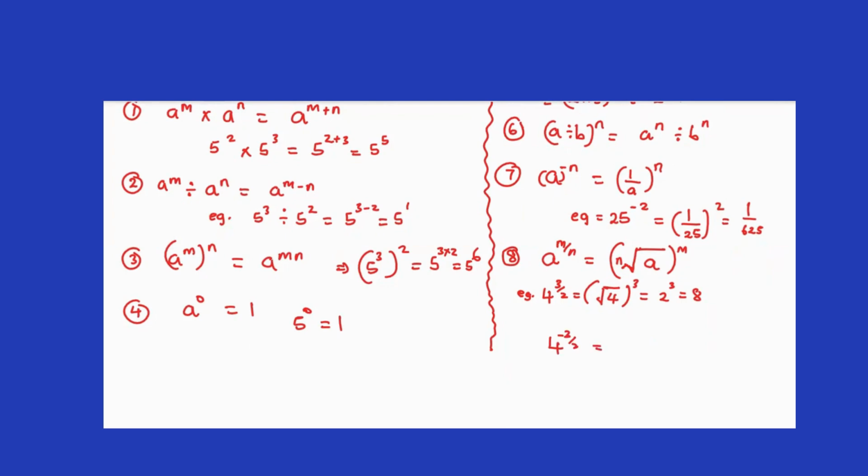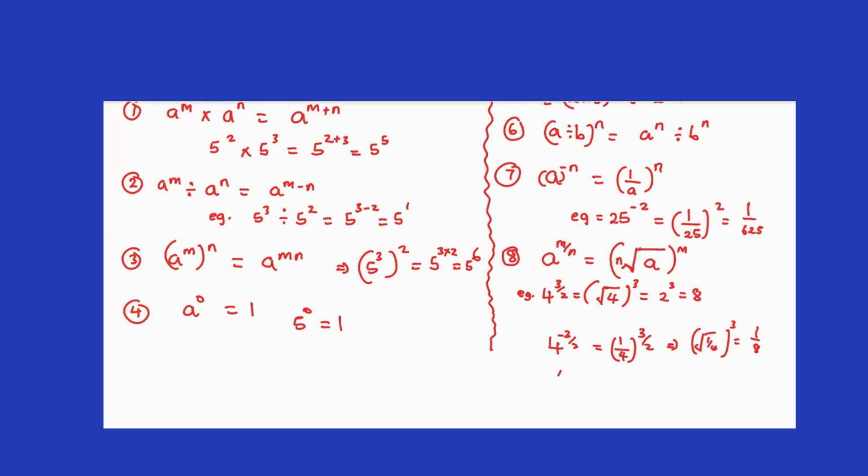Now this one, as I said, you will have to get the reciprocal of 4, which is 1 over 4. And then now the power will be positive. Once you get the reciprocal, the power becomes positive, and therefore here we'll have the square root of 1 over 4 cubed, which is actually 1 over 8. So you see there we have that.